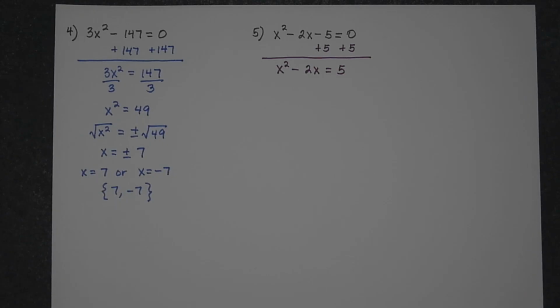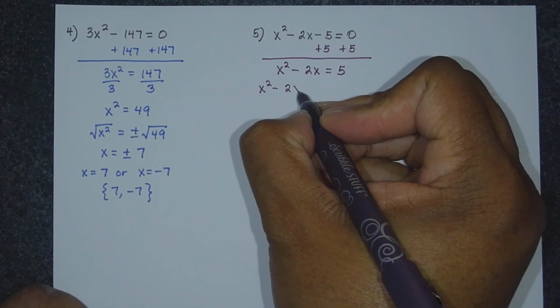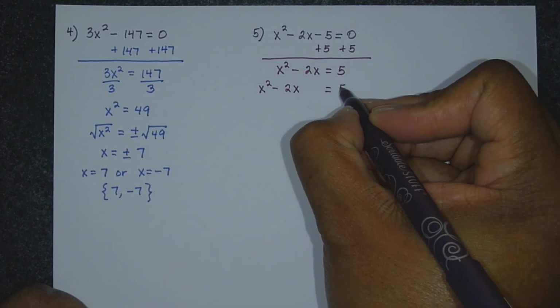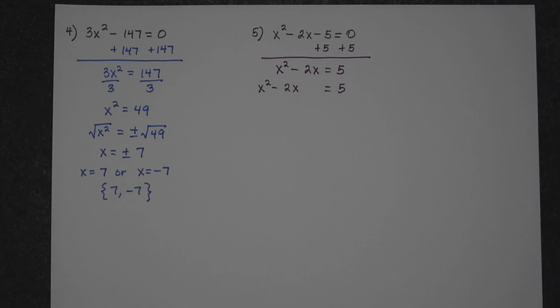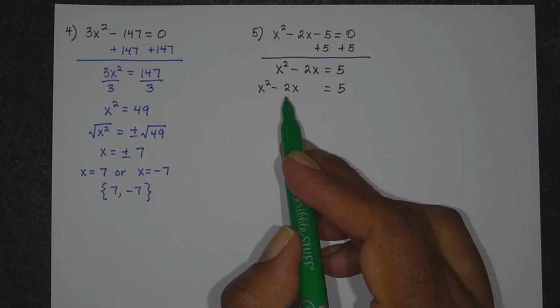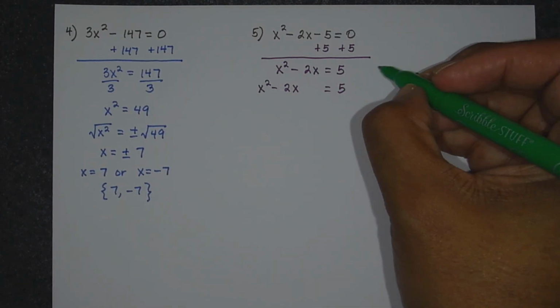And then the next step would be to just complete the square. All right, so here I got x squared minus 2x. Notice I'm leaving some space here for completing the square. Now when we complete the square, the way we do that is we take 1/2 of the coefficient of our x term, and then we square it.